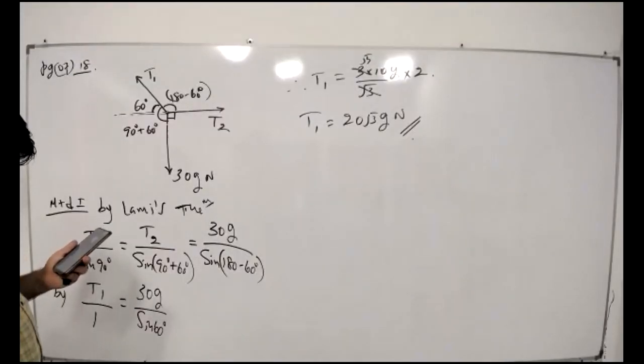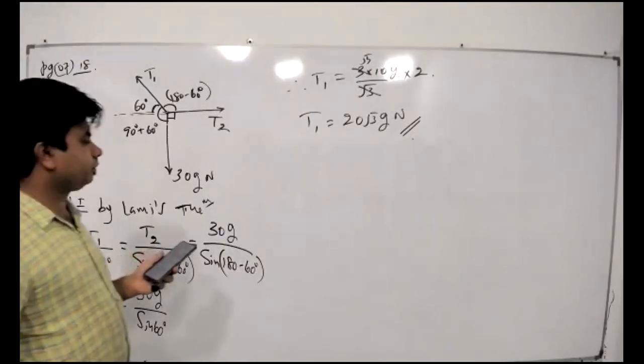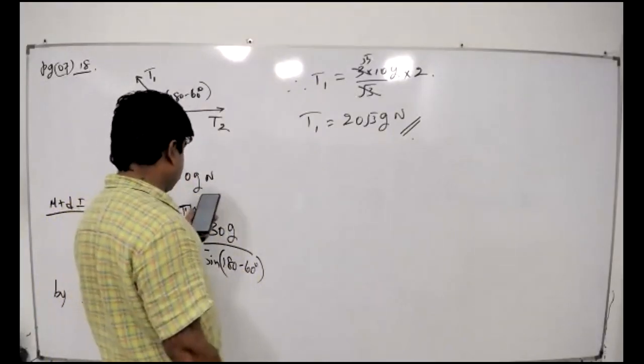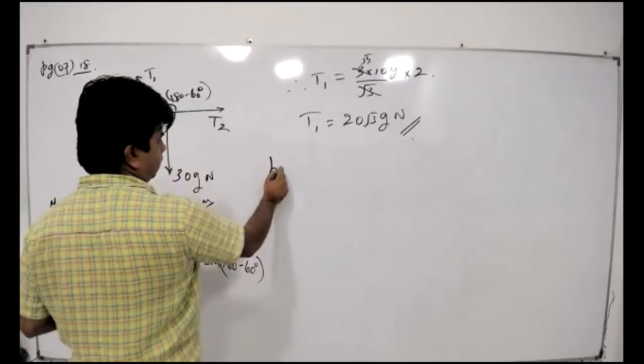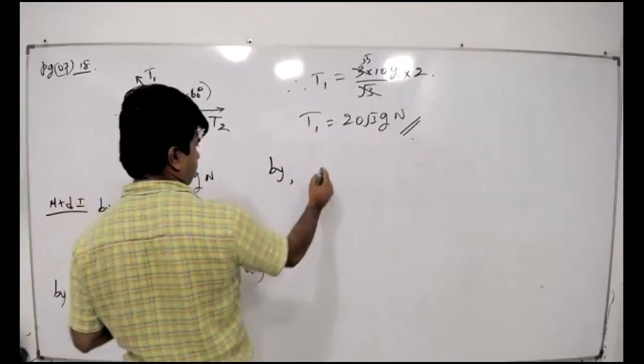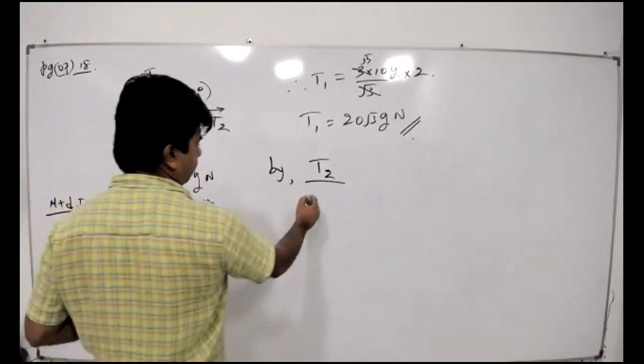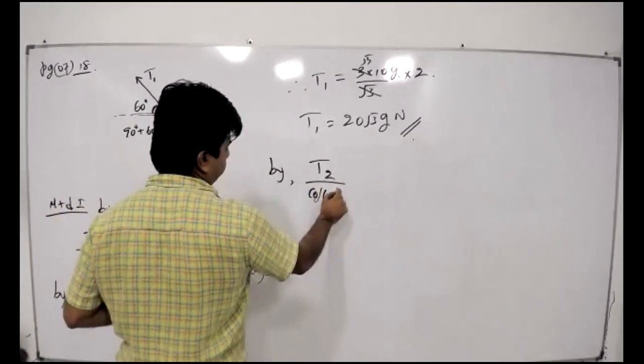Now we want to find out both T1 and T2, right? Then by T2 over sine of 90 plus 60, what is that? Cos 60, right?